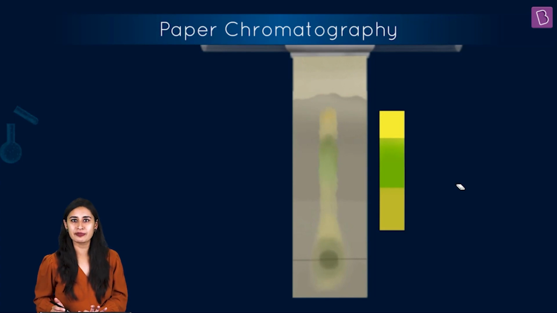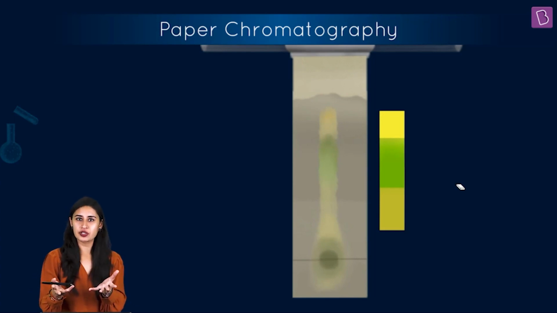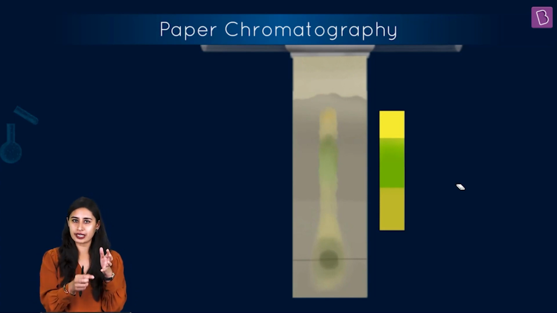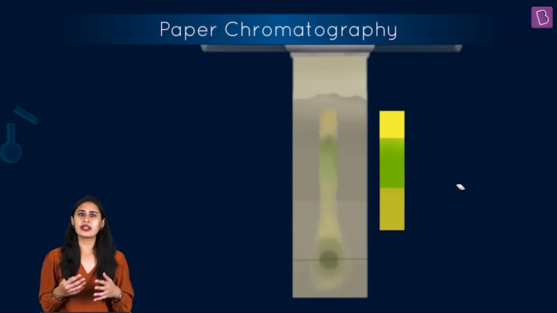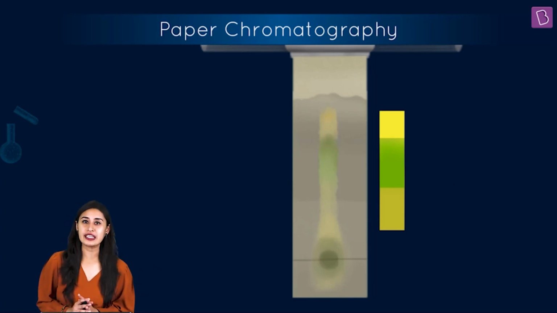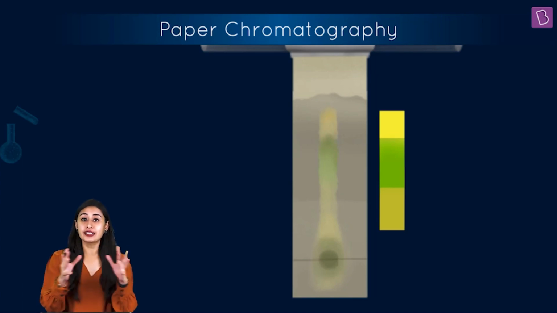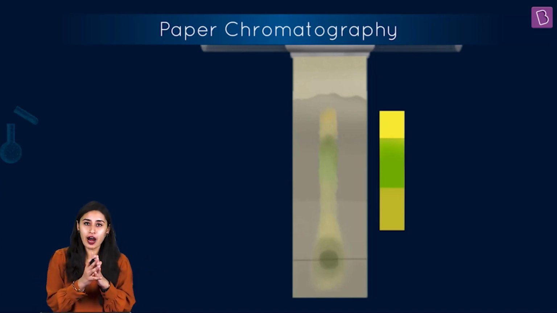Developed chromatogram. Sometimes you can see it with your eyes. Sometimes you may have to put it in UV to observe the color separation, or there are different methods depending on what is being separated. Okay? And the bigger and broader agenda is that the principle here is partition chromatography.